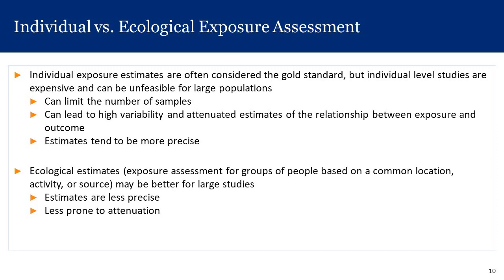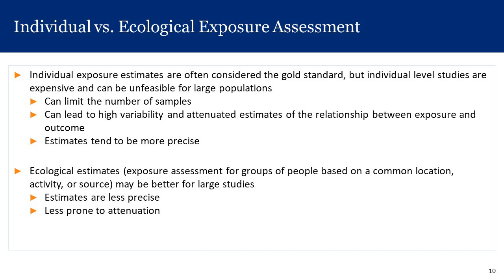We have to think about, too, the differences between individual versus ecological exposure assessment. And so we might consider individual exposure assessments as the gold standard, but they can be expensive and infeasible because it may cost a lot of money to do this kind of testing. And you may have a lot of variability, especially if your job titles are quite different and the kinds of exposures are very different depending on job title.